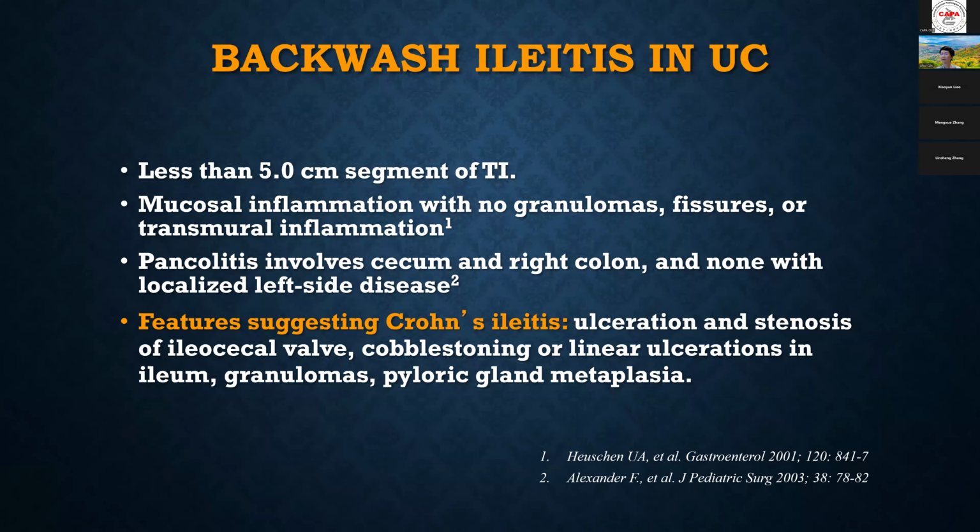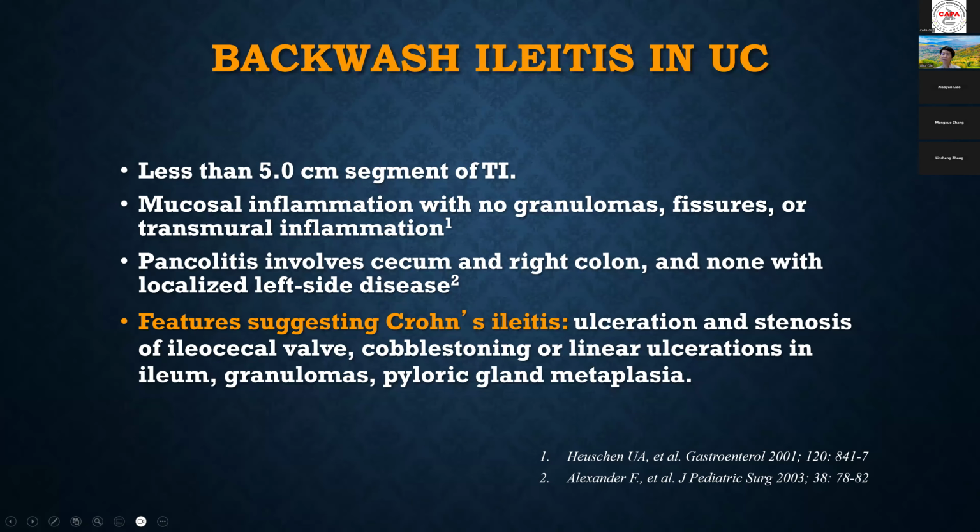So how can you tell whether this ileitis is due to Crohn's or due to UC? Usually in backwash ileitis, you see the most distal terminal ileum, less than 5 centimeters, inflamed. Some people may accept 10 centimeters, and some people think 2 to 3 centimeters, but on average, if it's 5 centimeters, it still can go with backwash ileitis.